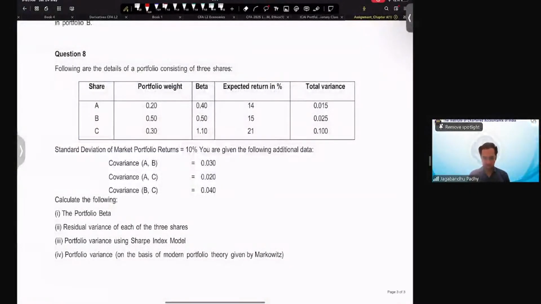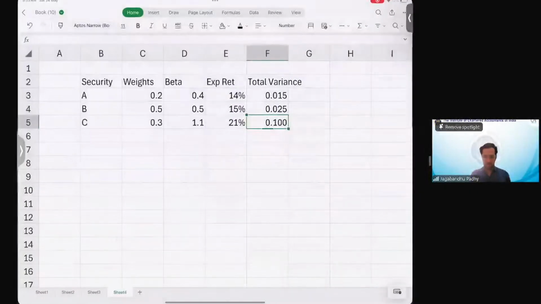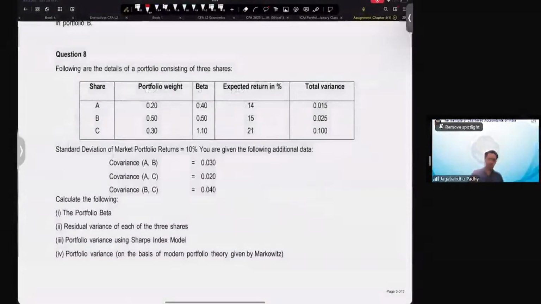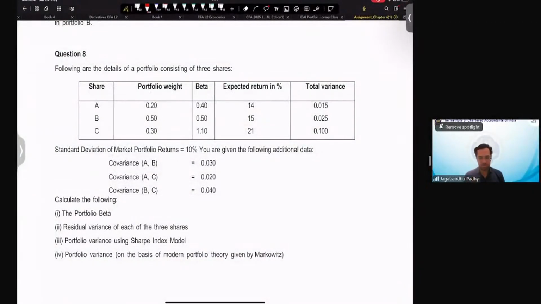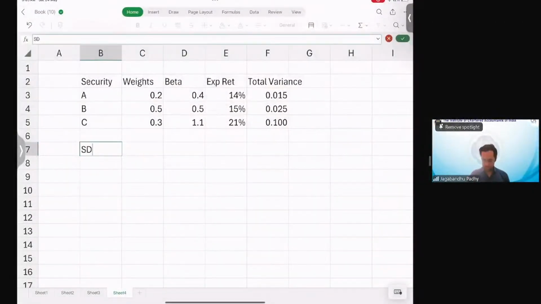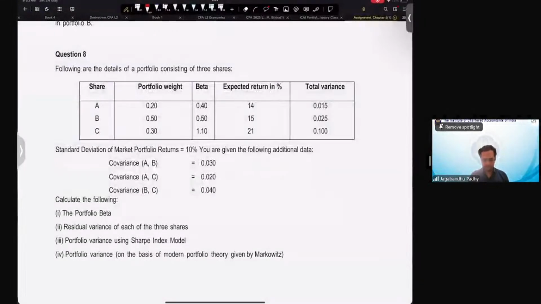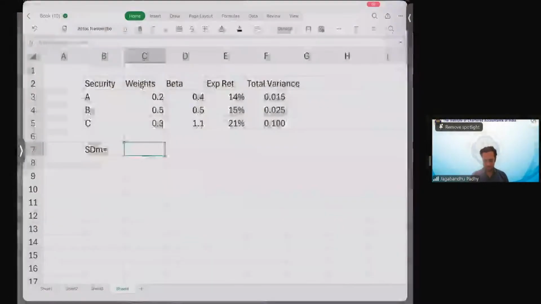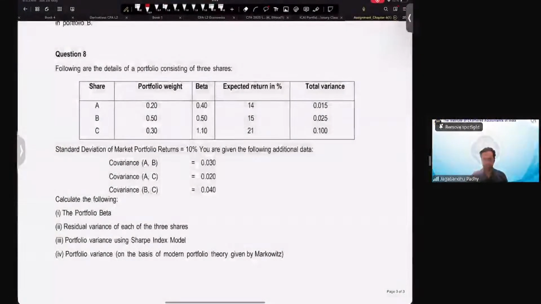That's the total variance. Apart from that, we have the data for standard deviation of market. Standard deviation of market is 10%, which is 0.1.